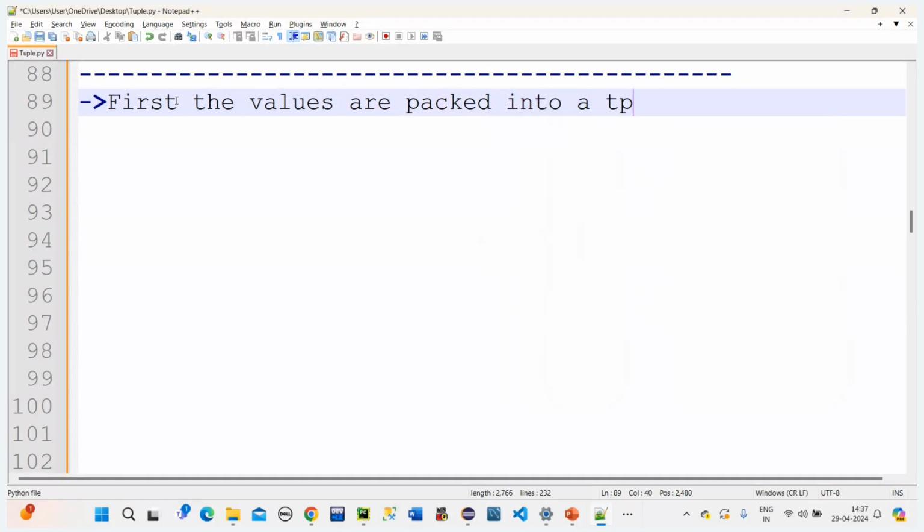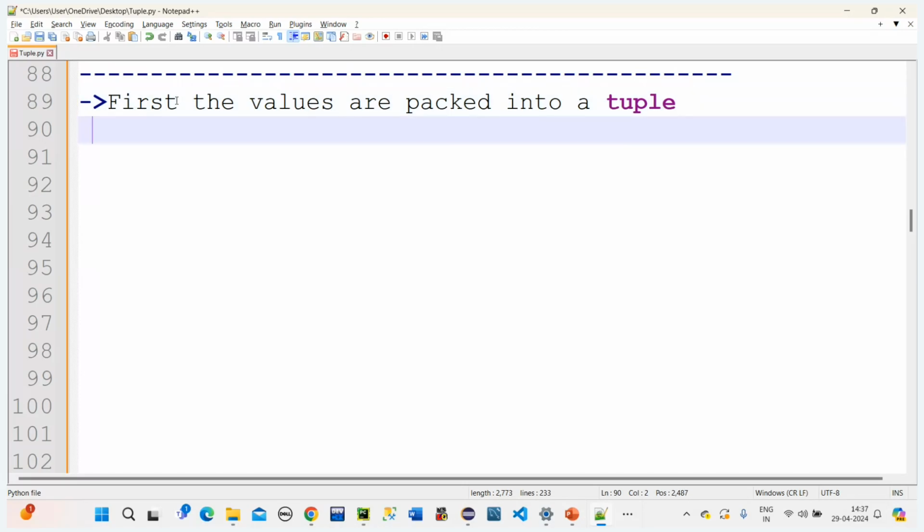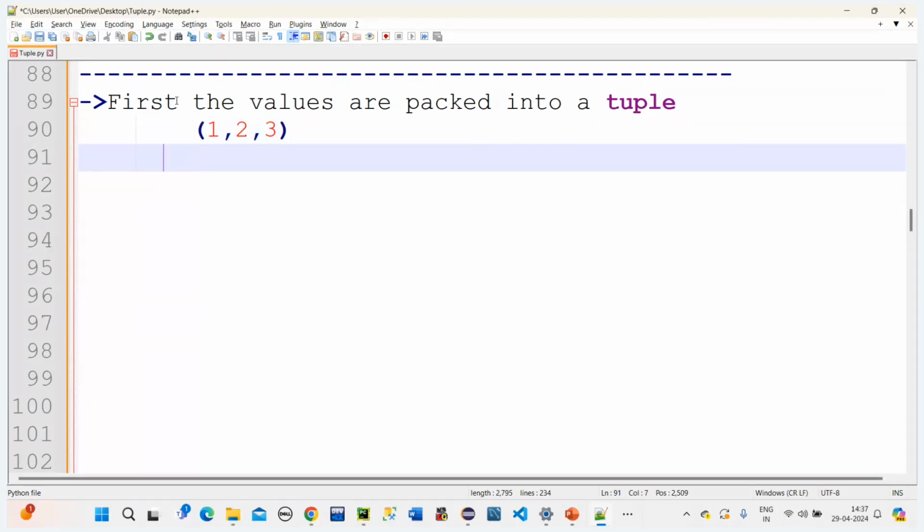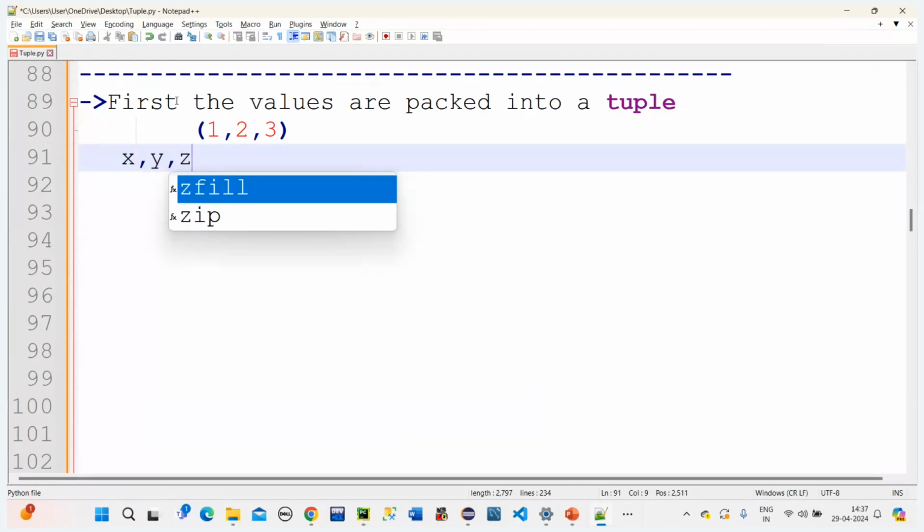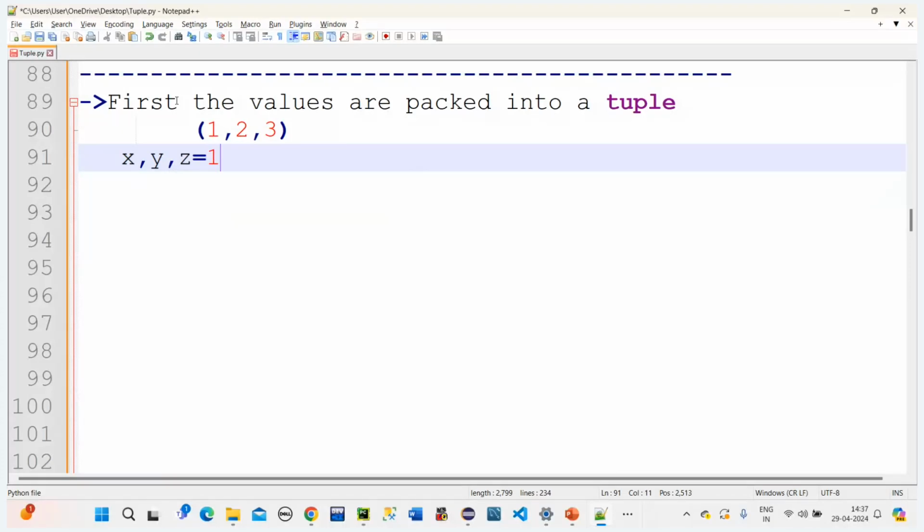Into a tuple. How is the packing done? Packing is 1 comma 2 comma 3, for X comma Y comma Z is equal to 1 comma 2 comma 3.